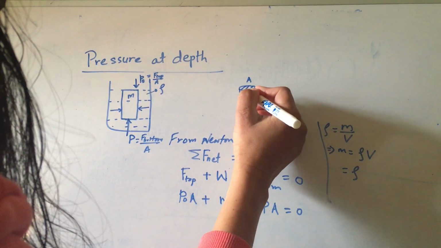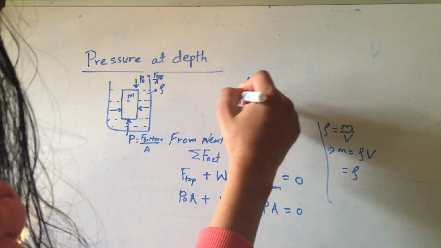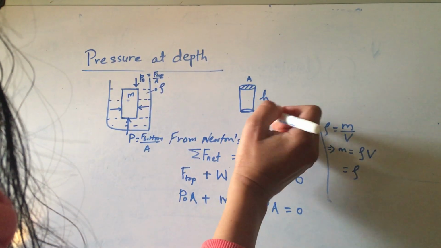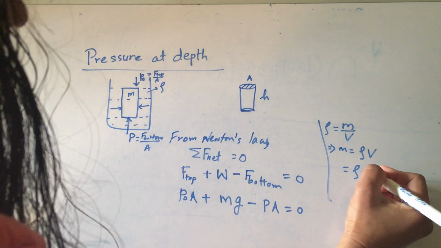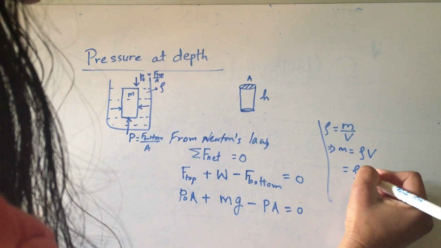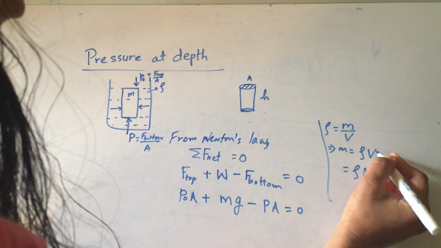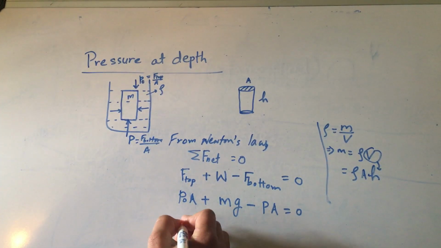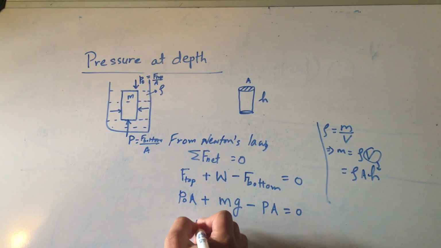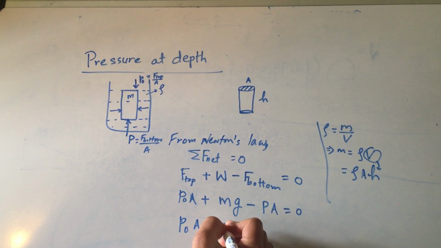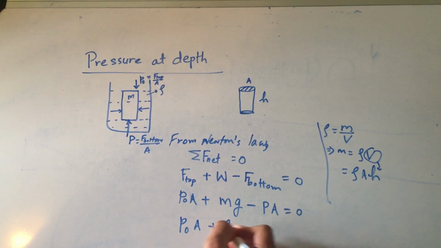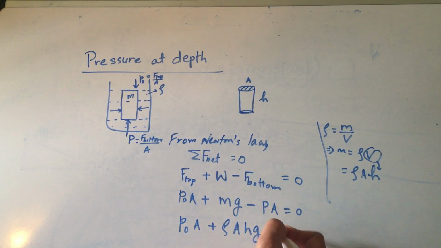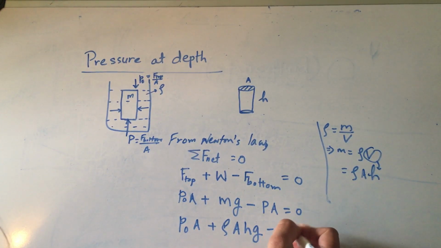If you multiply this cross-sectional area with the height, we get the entire volume, so in place of volume we replace it by area times H. So in our equation: P naught A plus, in place of mass, rho A times H, times G, minus P times A equal to 0.